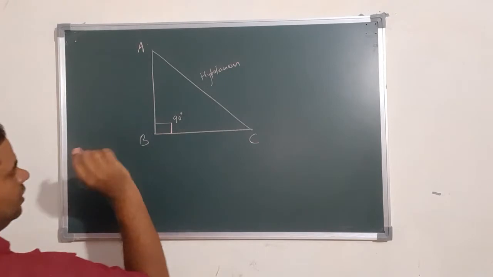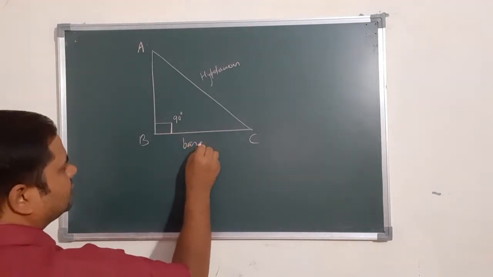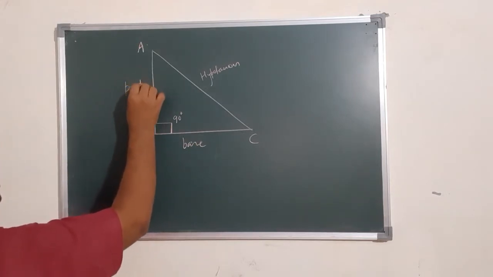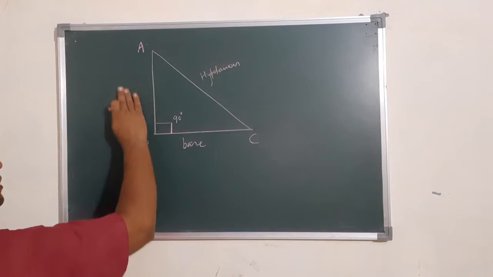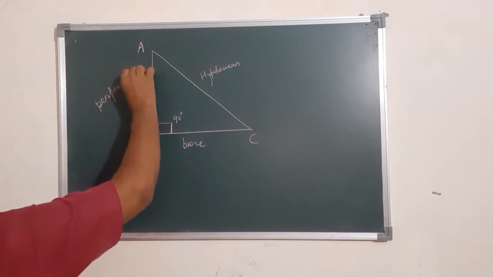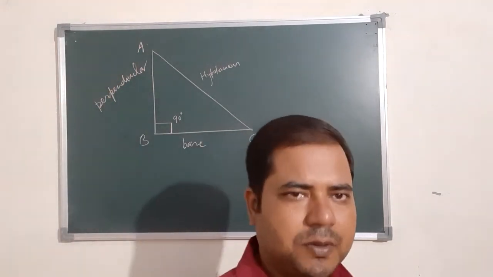And the next is base, and this is perpendicular. So this is the hypotenuse, base and perpendicular.